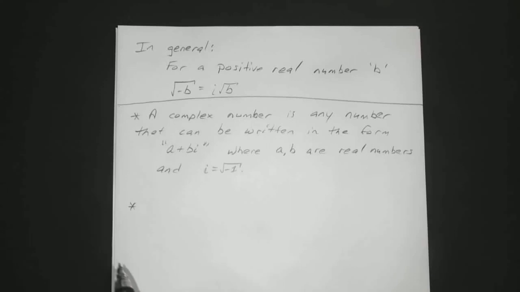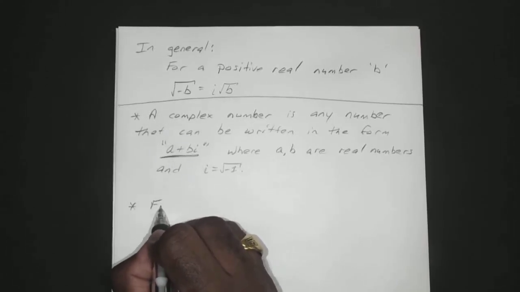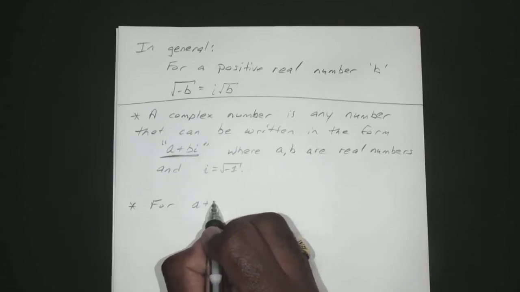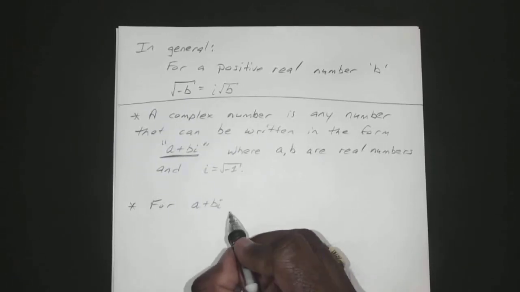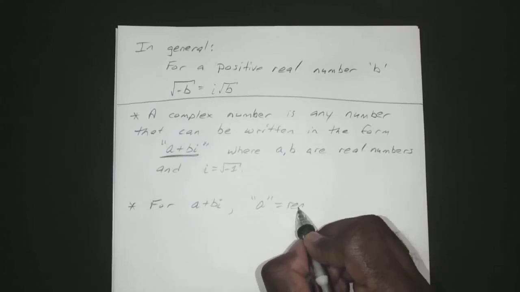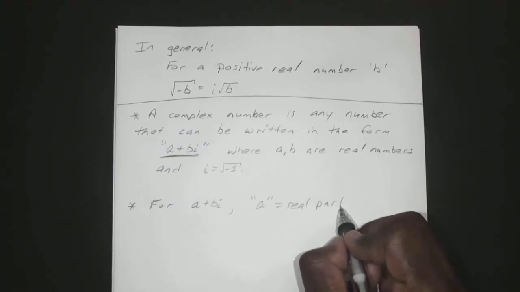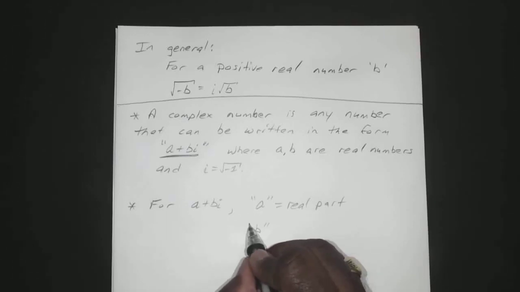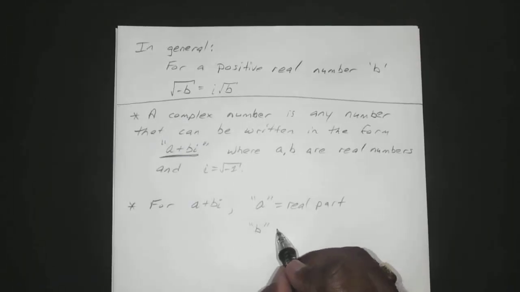So when we have it in that particular form, a plus bi, the a, they say, is the real part, and the b is what they call the imaginary part.